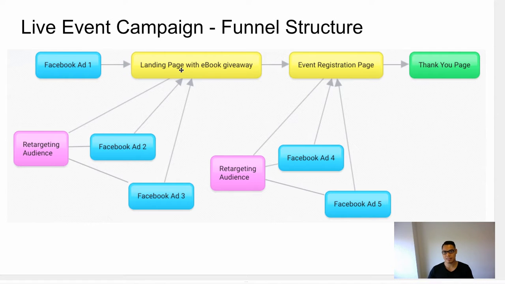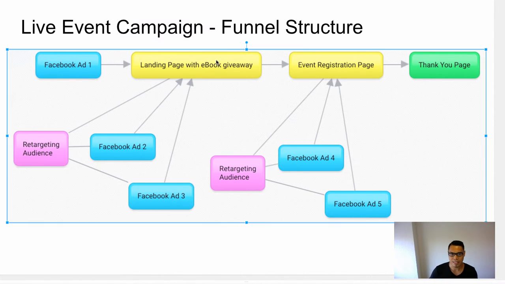Now, what's interesting on this strategy is instead of taking them into a thank you page, what we have is an event registration page. So let's say they requested the ebook, then we take them to the event registration page.